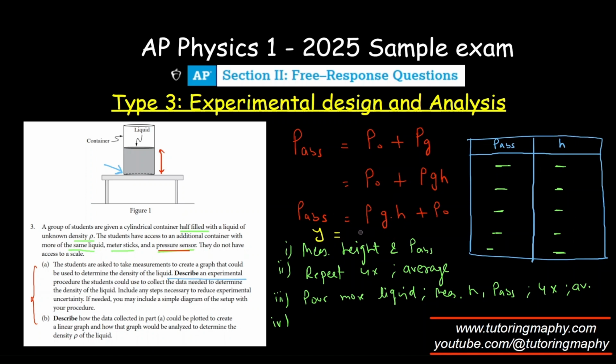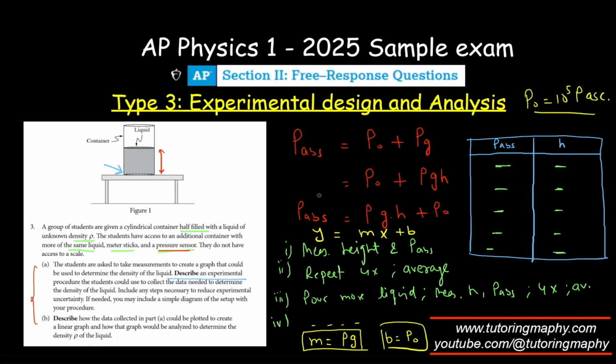So this will look like y equals mx plus b, where the value of m gives me the value of rho times g, and b is just the atmospheric pressure, which has a value of 10 raised to 5 pascals.